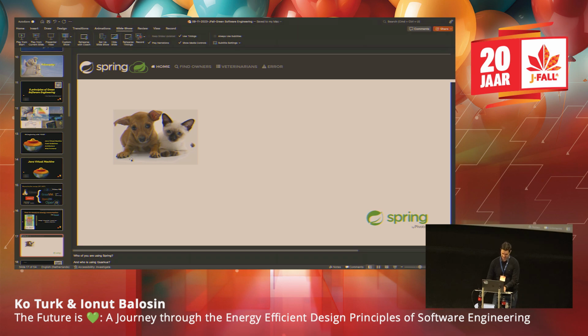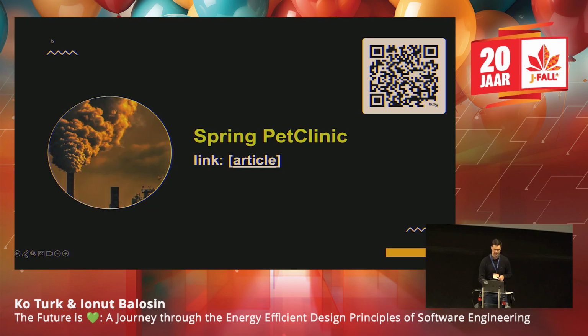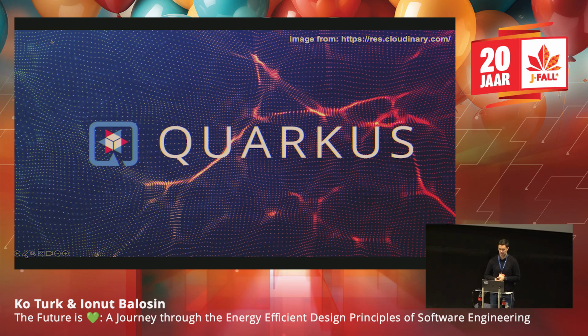The second test case was with this one. We said, okay, we took something based on Spring, therefore let's take something from Quarkus. These are probably very well-known frameworks. Nevertheless, we cannot compare Spring and Quarkus. This was not our intention because the code is different.